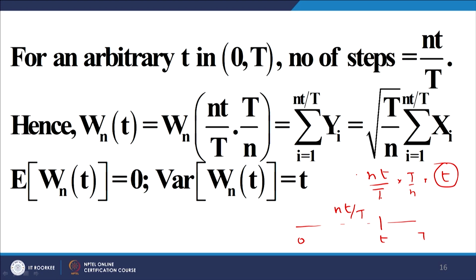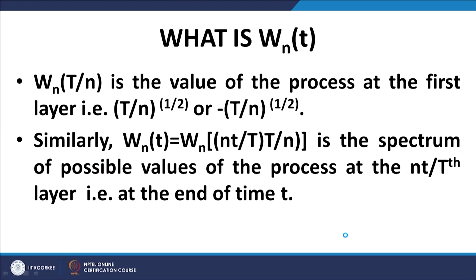This is the variance of Wn of small t. Again it is equal to the length of evolution. The variance is equal to small t. These two things are important: the mean is 0, the variance is equal to small t, where now t is any arbitrary point. Please note this, t is not the total length of evolution of the system, t is simply an arbitrary point.